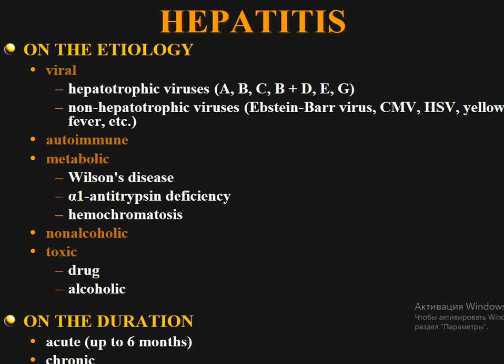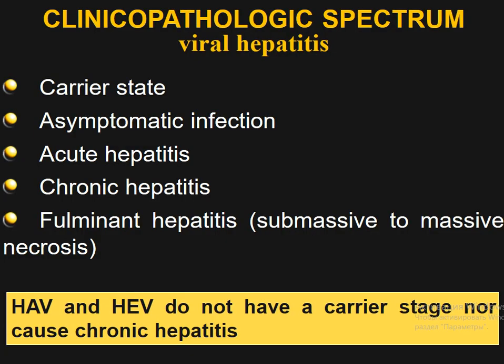Metabolic hepatitis, for example Wilson's disease or hemochromatosis, non-alcoholic hepatitis, and toxic hepatitis, first of all related with drugs and alcohol. And based on the duration of disease, we distinguish acute, up to 6 months, and chronic hepatitis.